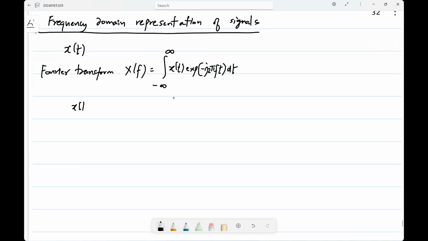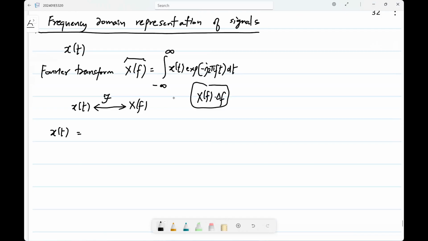So if x of t and x of f are a Fourier transform pair, which is indicated by the script F, then x of t you can get by inverting. What is x of f really? What does x of f represent? It represents some amount of signal, let's say, that lies around this frequency f in a band delta f.